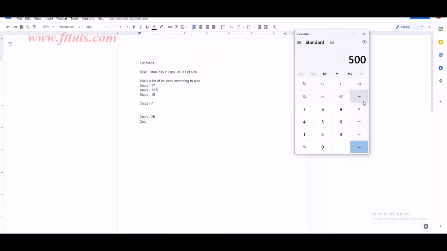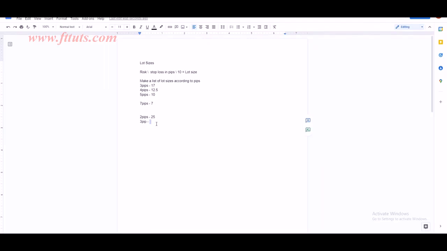Okay, in this case, there's our 1%. We'll divide it by 3, divide it by 10, 16.6. Honestly, I'm just going to go to 17 there.